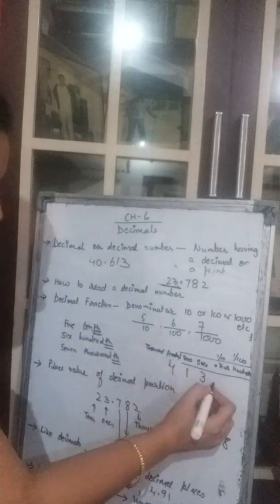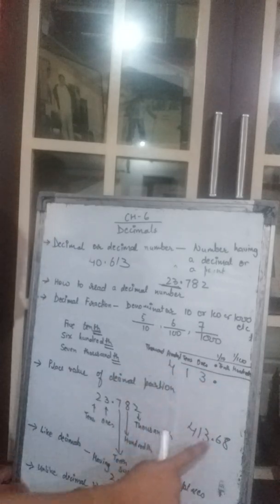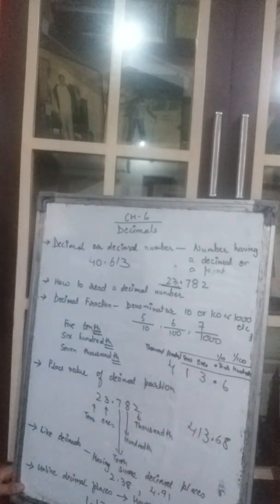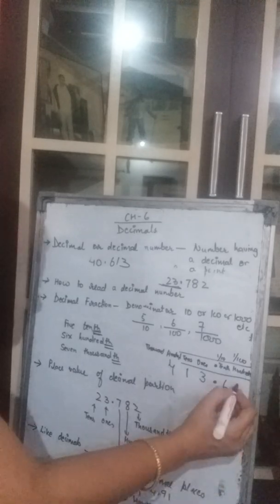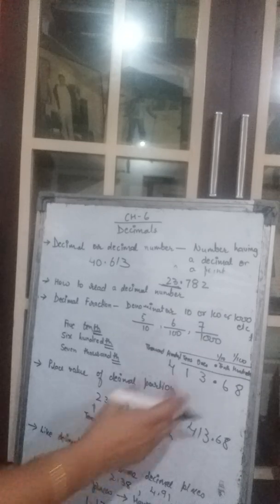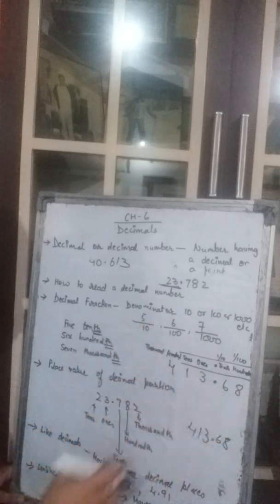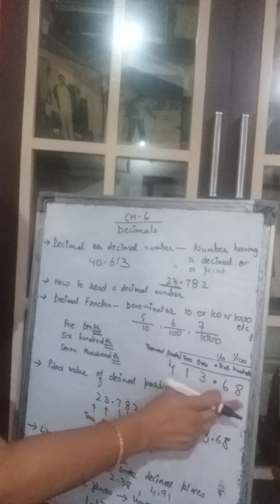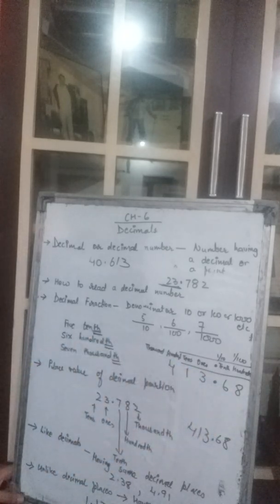Then put a decimal. Then where will this 6 come? Under tenth. This 8 will come under hundredth. This is how we write if we have to write according to the place value. These are the place values of the decimal portion.